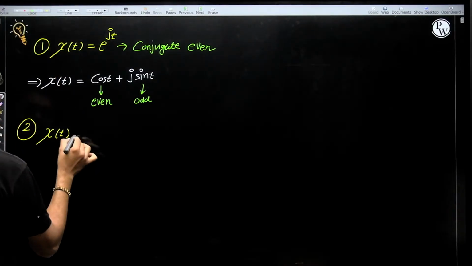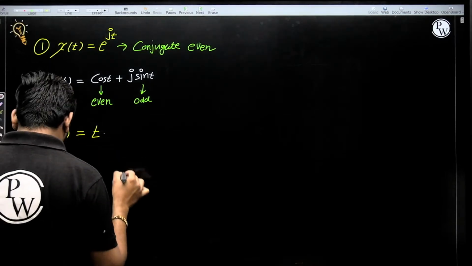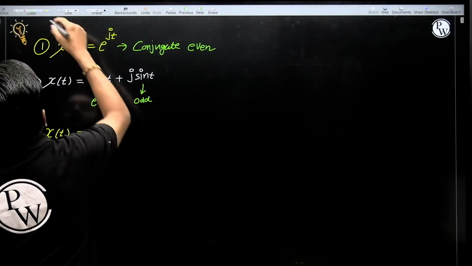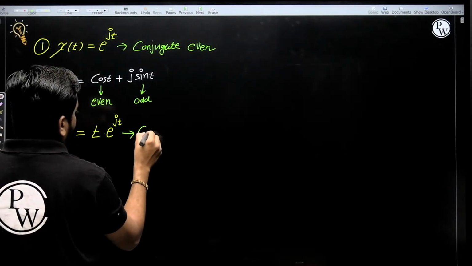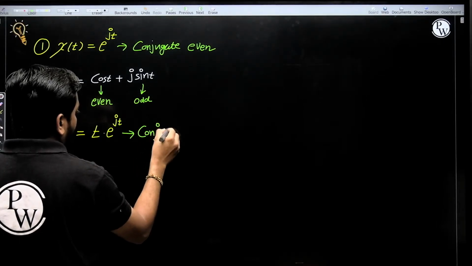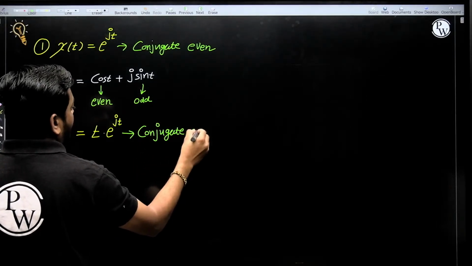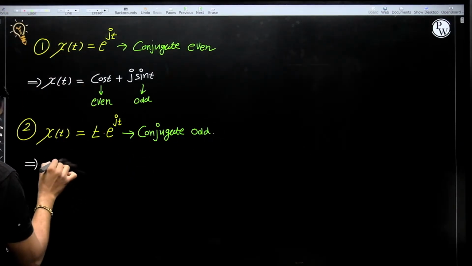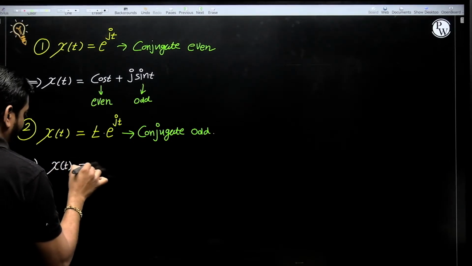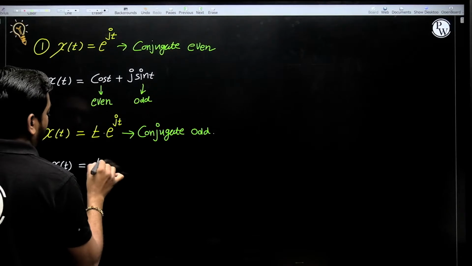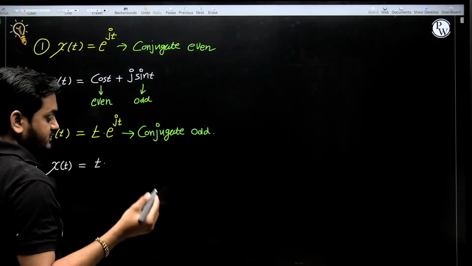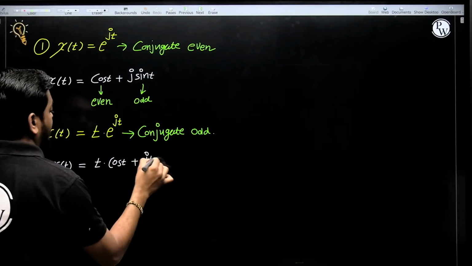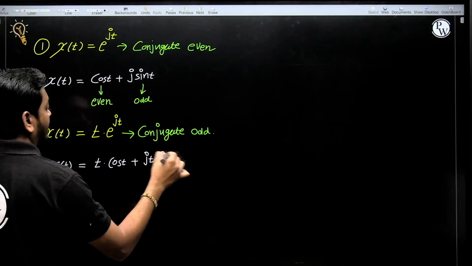Second question was t into e power jt, that is nothing but conjugate odd, we got. So again, observation: x of t, again Euler's form, e power j theta equal to cos theta plus j sin theta. So t cos t plus j t sin t.